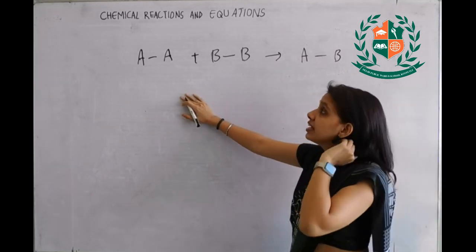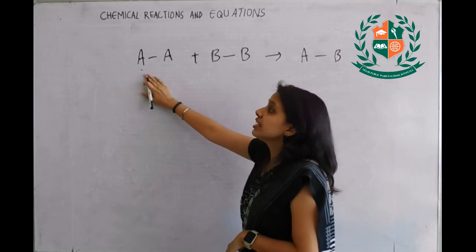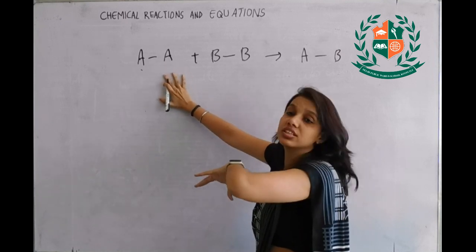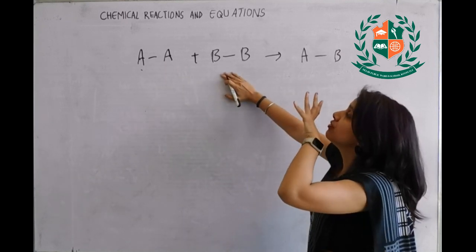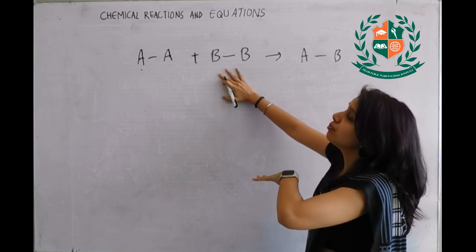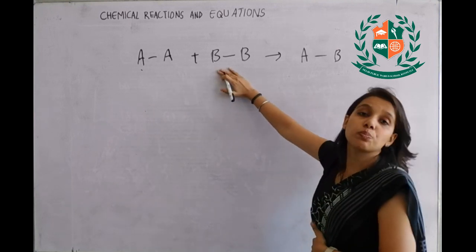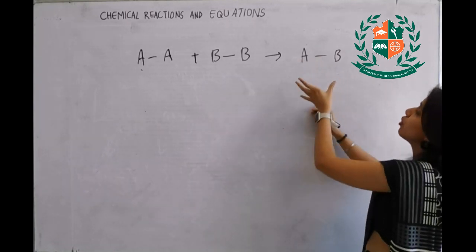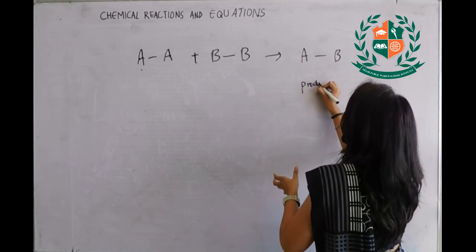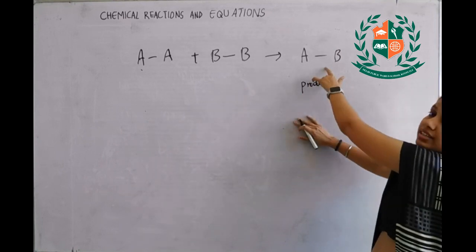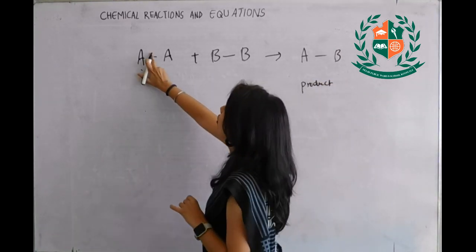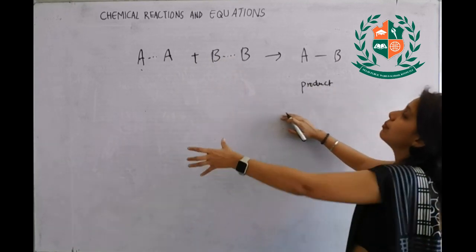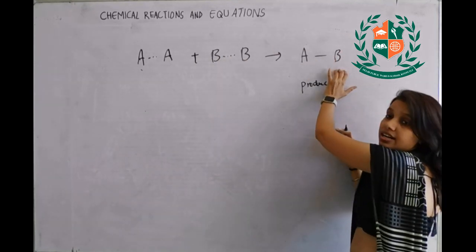So what is happening? For example, if we have a compound A which is bonded with itself, A2, and a second substance B, which is bonded with itself, B2, when they make a new product, AB, they must have broken their bonds and then made new bonds with the other one.